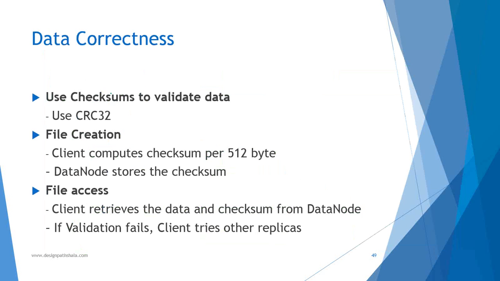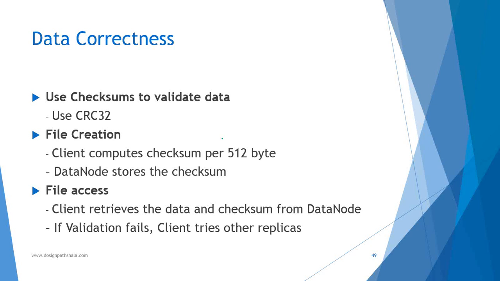Okay, this is the thing I was talking about, checksum. This is how data correctness is taken care of in the system. There is a protocol, and I'll not go into the protocols used to do the checksum. A checksum is nothing but a kind of signature of your data, and it helps the system find out whether the blocks lying in the data nodes are correct or not.